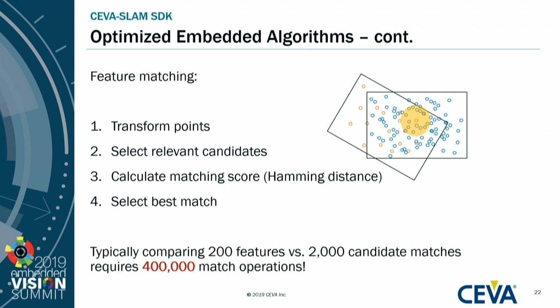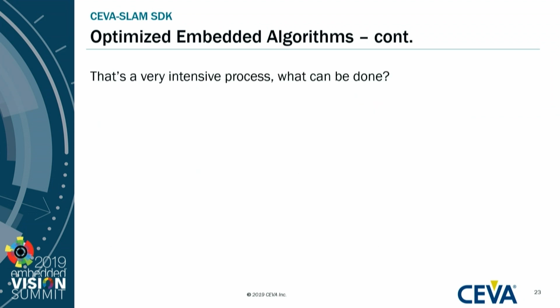This is a heavy process. Typically, we need to compare 200 features from one frame to 2,000 candidate matches in the other frame. It requires around 400K match operations. So this is a very intensive process.